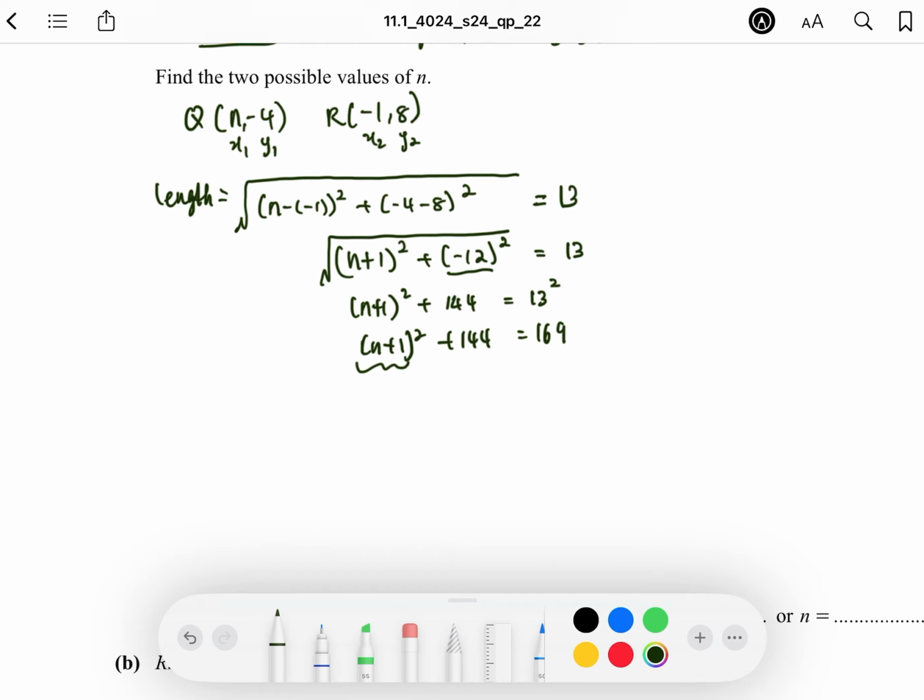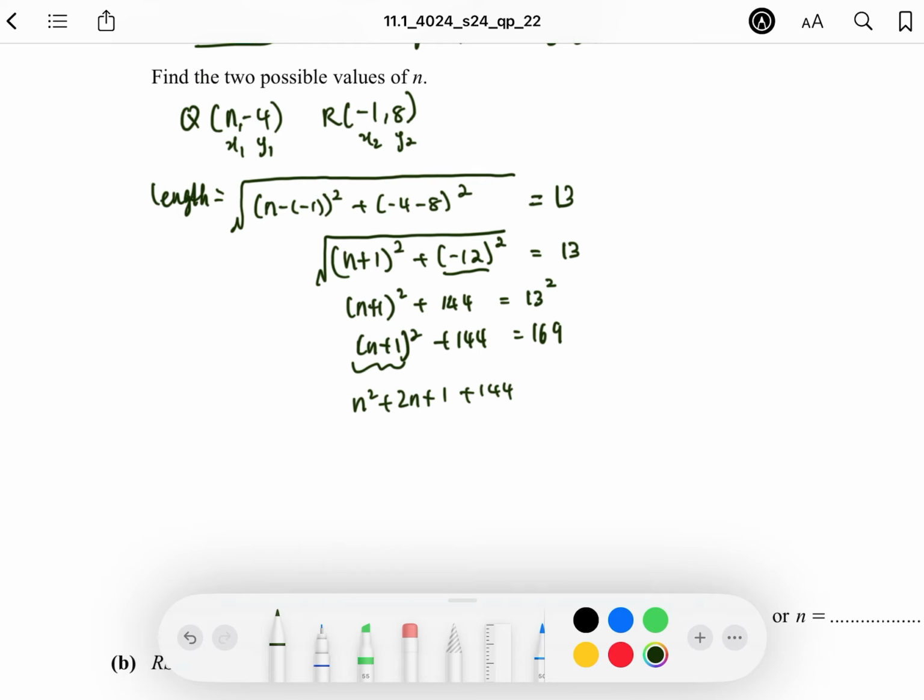Expand this, so n squared plus 2n plus 1 plus 144 minus 169, both sides simplified. So simplifying everything, I would get n squared plus 2n minus 24 equals 0.